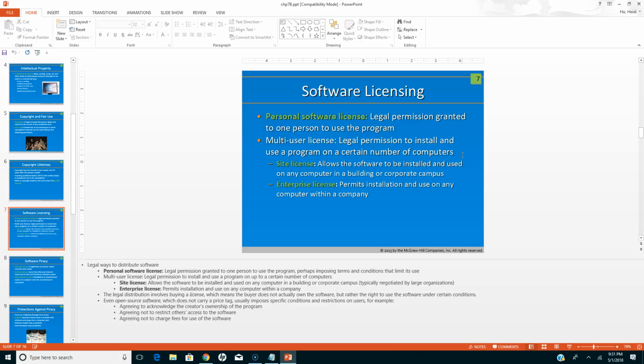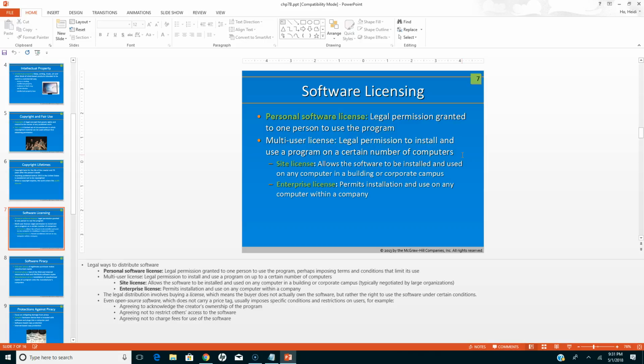So what is a multiple use license? It's a legal permission to install and use the program on a certain number of computers. Let me give you an example. Let's say a person purchases the Office 2013 program with 5 user licenses. That means the person has the right to install it on 5 different computers.